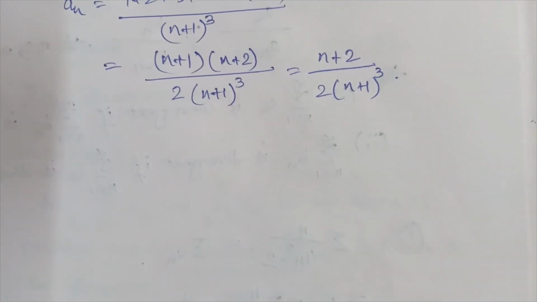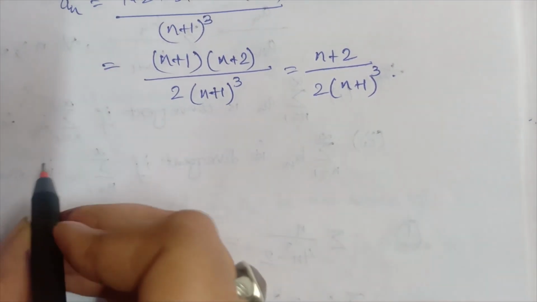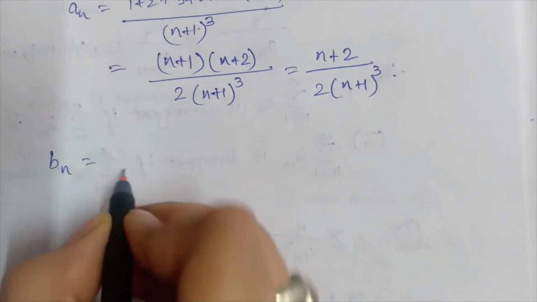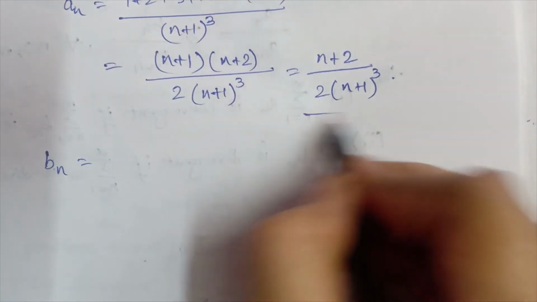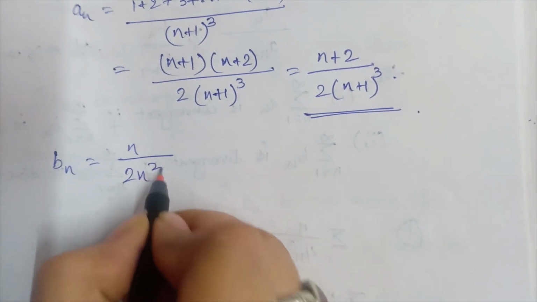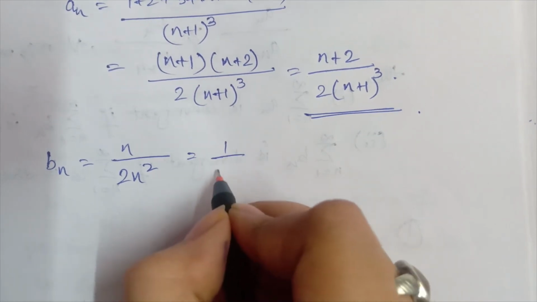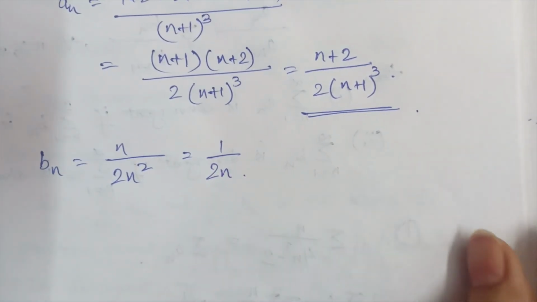Now we need to take a series bn for this to compare it. So we are taking bn equals, from here we say n by 2n square, a simple series which equals 1 by 2n.